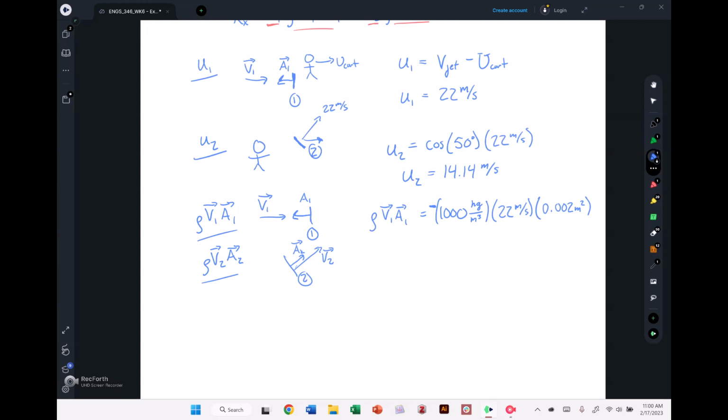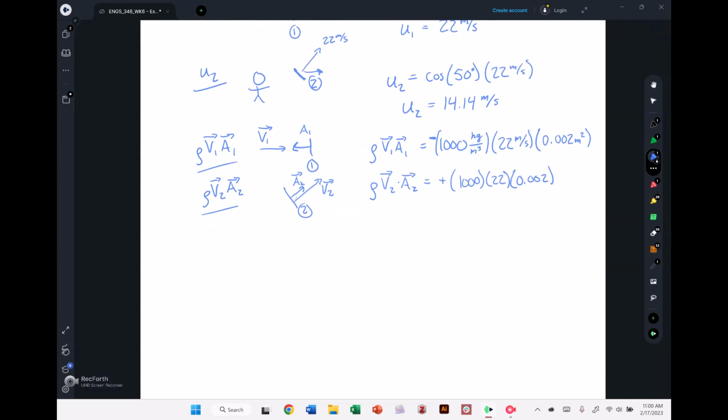When we take the dot product of two things in the same direction, we get a positive sign out in front, but the same value. V2 dot A2 is positive 1,000 times 22 times 0.002. So both of these, if you do the math, are 44 kilograms per second.